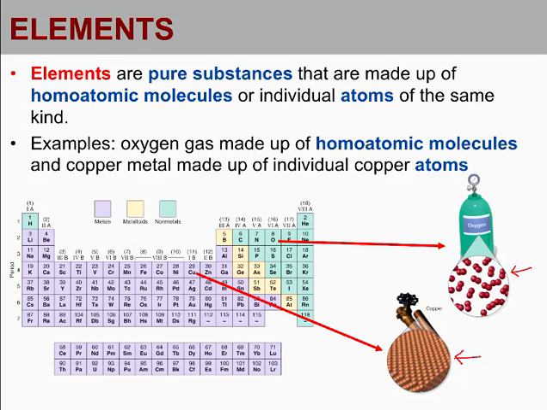And oxygen is a diatomic molecule, but it contains the same type of element or atom, in this case, oxygen atoms. Now off to the left, you can see a periodic table of the elements, and copper is kind of in the middle of that table, and oxygen is in the upper right-hand corner of the table. And we'll talk more about the periodic table later on.